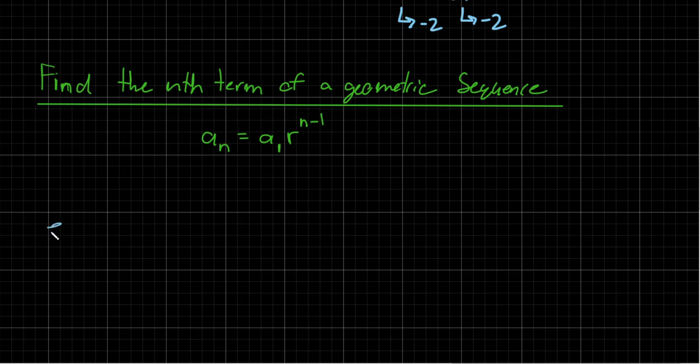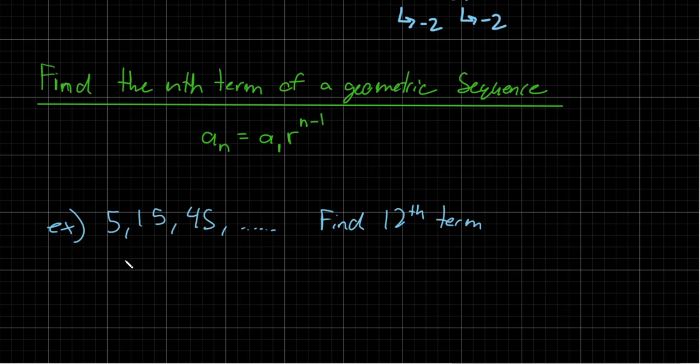Okay, I'm going to give you a sequence: 5, 15, 45, and so on. I want you to find the 12th term. So we're missing two things right now. Well, we know what n is going to be, but let's find r.